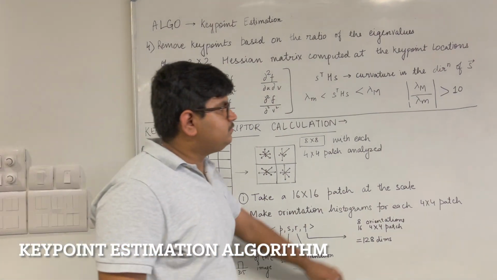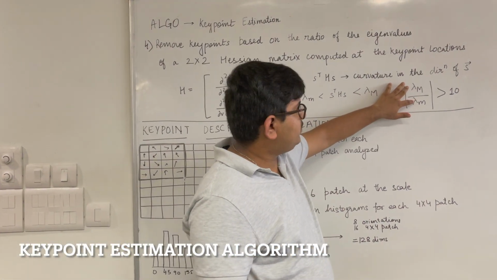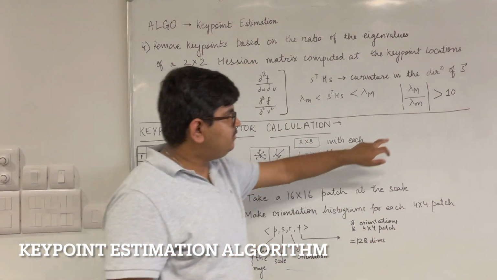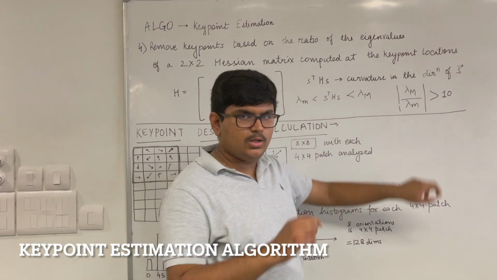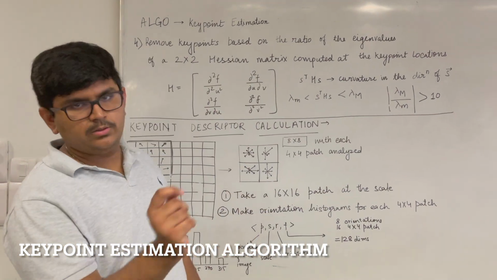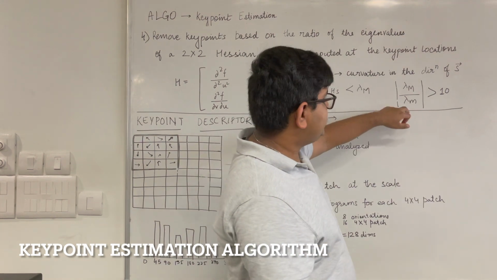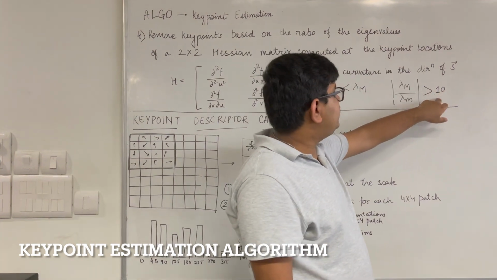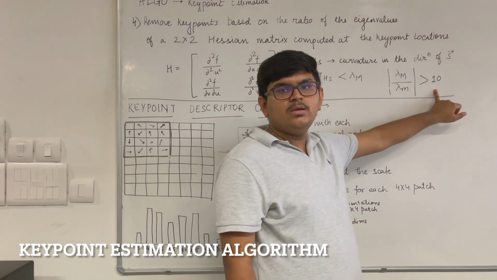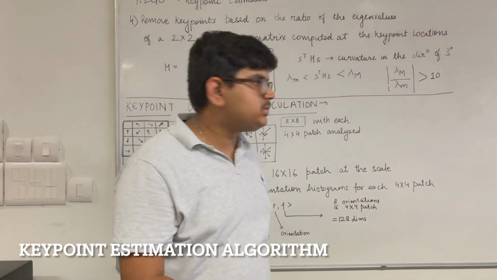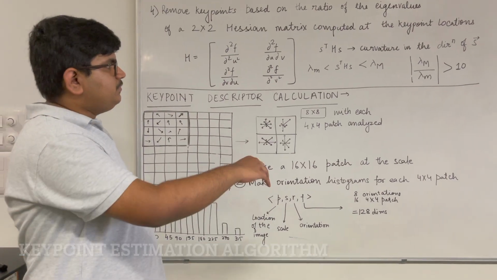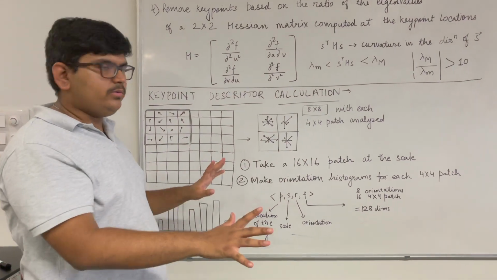So once we take the ratio of the maximum and the minimum, if the point belongs to an edge, then the minimum eigenvalue would be quite low along the edge, and the maximum eigenvalue would be quite high, orthogonal to the edge. So this ratio would explode, and therefore we place a condition that if this ratio is greater than 10, we say that point belongs to an edge. This is just a hyperparameter that you can set. This way we remove all points that belong to edges.